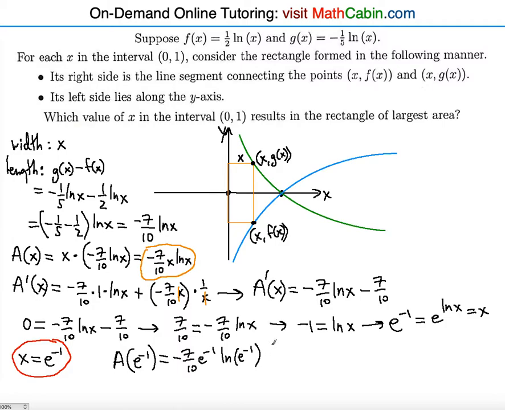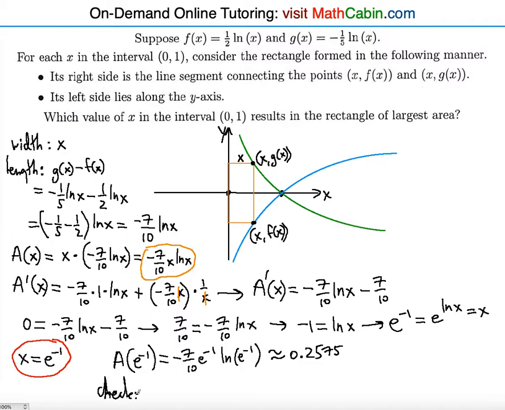Let's check using the calculator. So e to the negative 1 times e to the negative 1, ln of that, and then times 7/10 negated, right? So it's going to give us something like 0.2575.